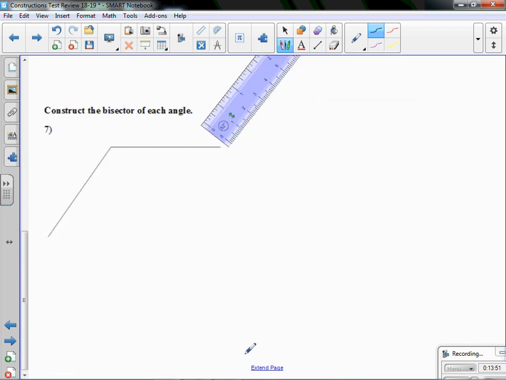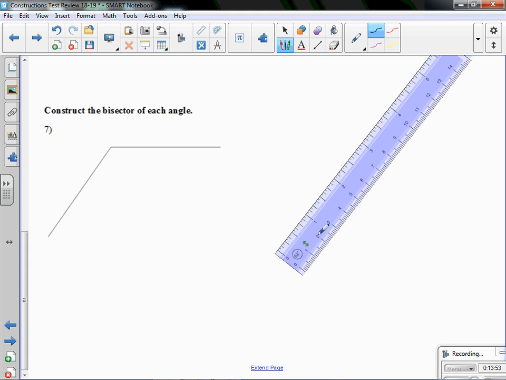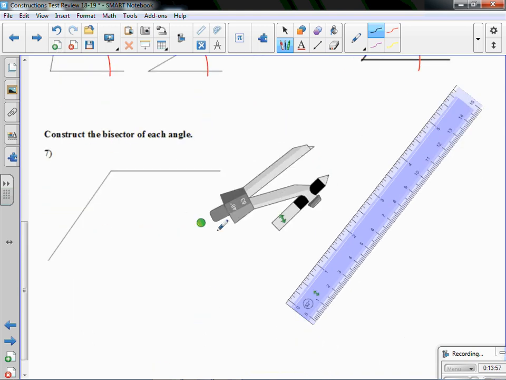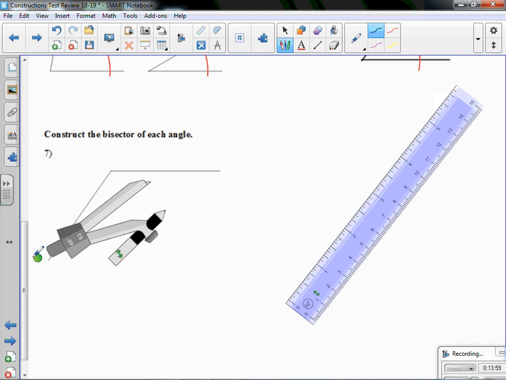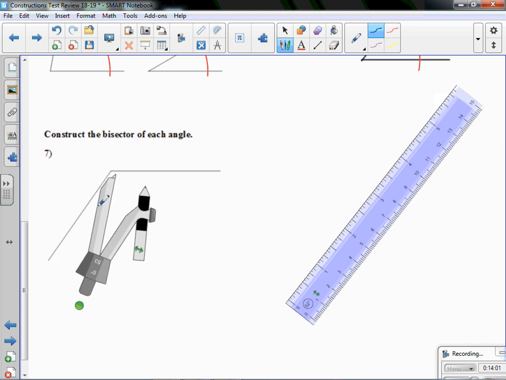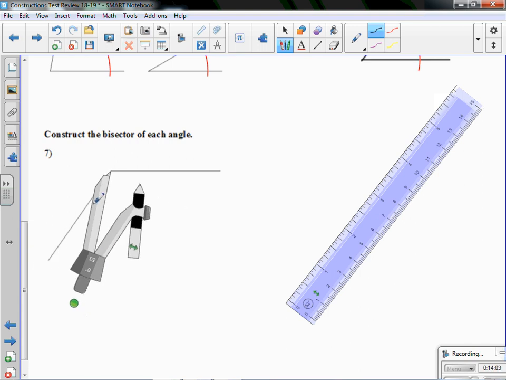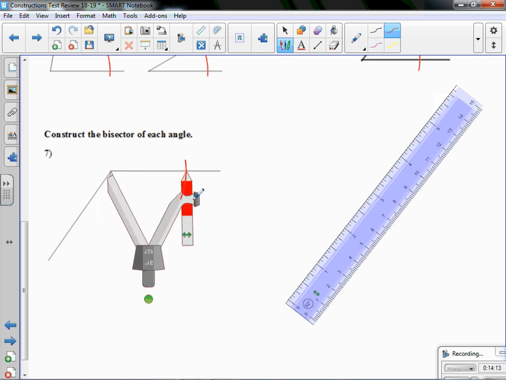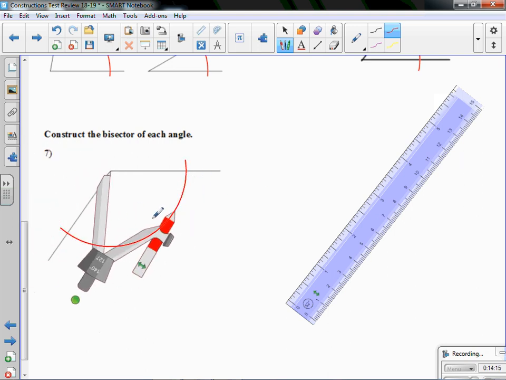Alright, so number 7, we're constructing an angle bisector. So for this one, we start off putting the point of our compass at the vertex. Open our compass up and make an arc. Hits both sides, like so.